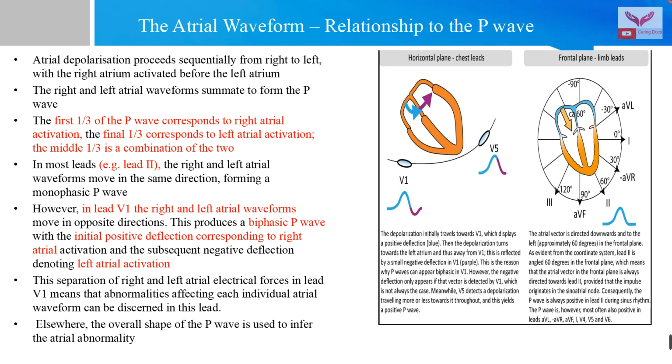The separation of the right and left atrial electrical forces in lead V1 means the abnormality affecting each individual atrial waveform can be discerned in this lead. Elsewhere, the overall shape of the P wave is used to infer the atrial abnormality.